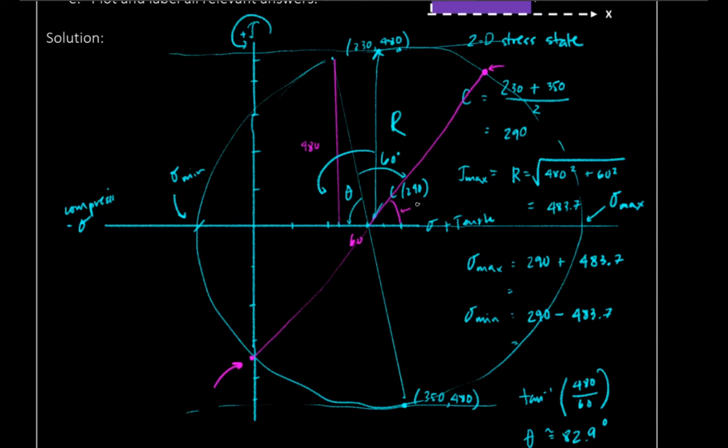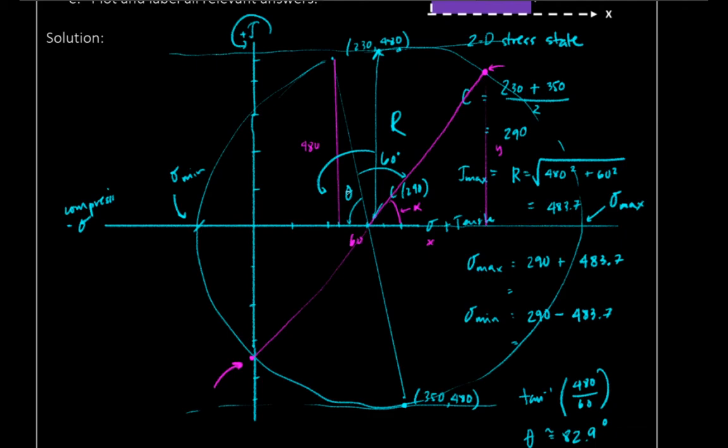I'll just call it alpha. If we find this angle alpha, and we already know the radius, no? Then we can use sine alpha and cosine alpha to find this value and this value. So we just need to find this alpha value over here.